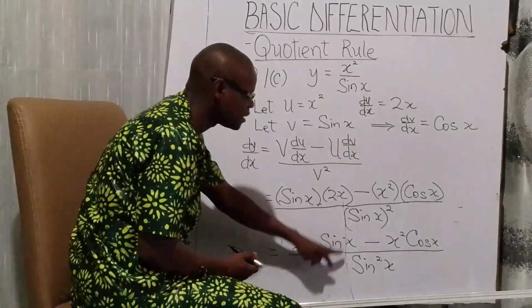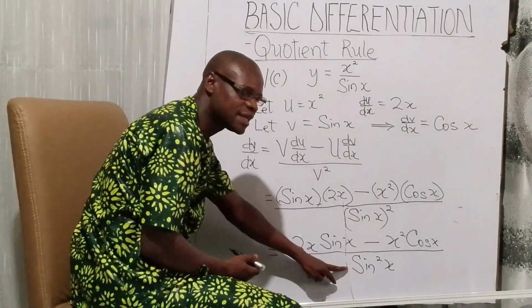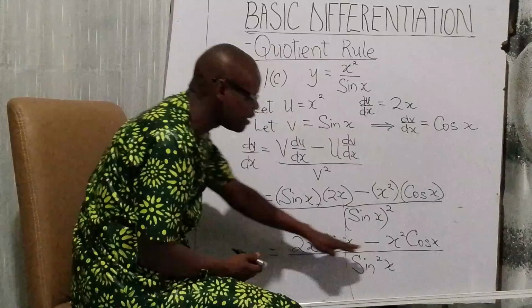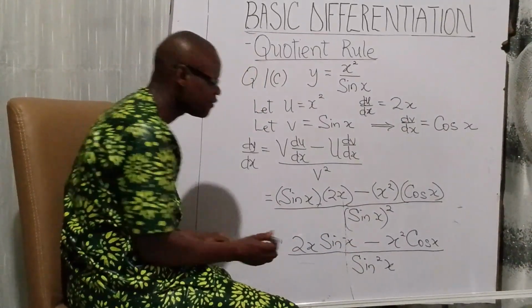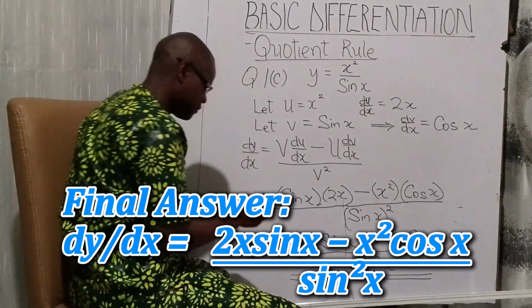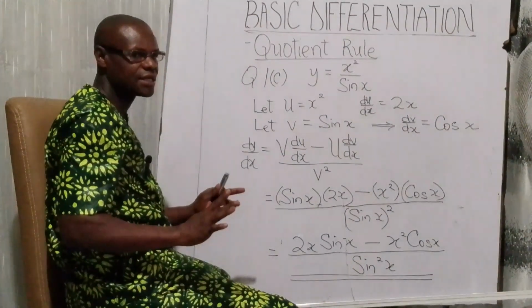This and this are the same thing, but it is usually written as sine squared x. We cannot simplify it further, so this is our final answer. It's as simple as that.